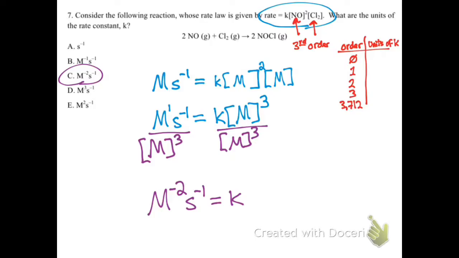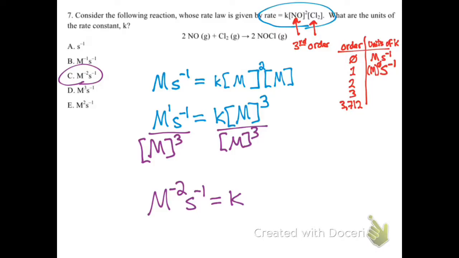If something is 0th order, the units of k are just molarity per second. If something is 1st order, it's just time to the -1. Seconds, minutes, doesn't matter. Again, I'm just using seconds here, but it could be any unit of time. Another way you can think about this is molarity to the 0th, because any number to the 0th is just 1.